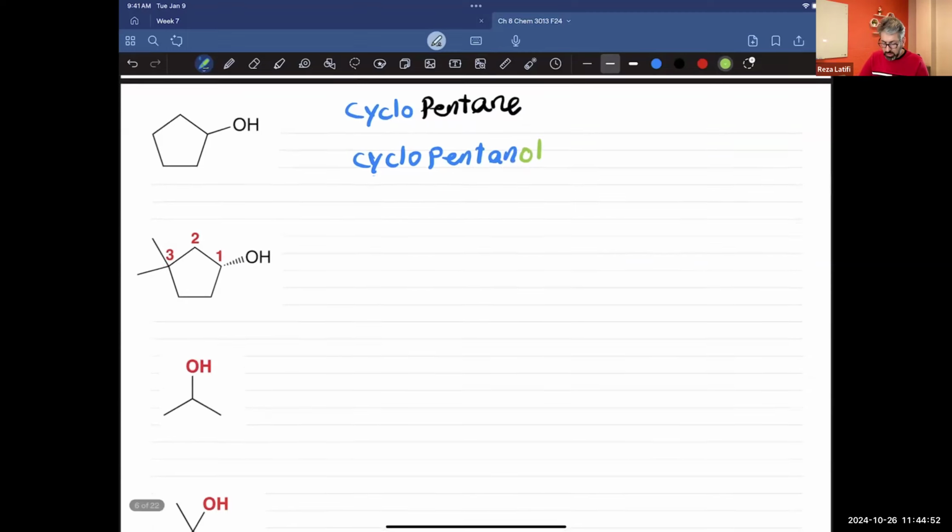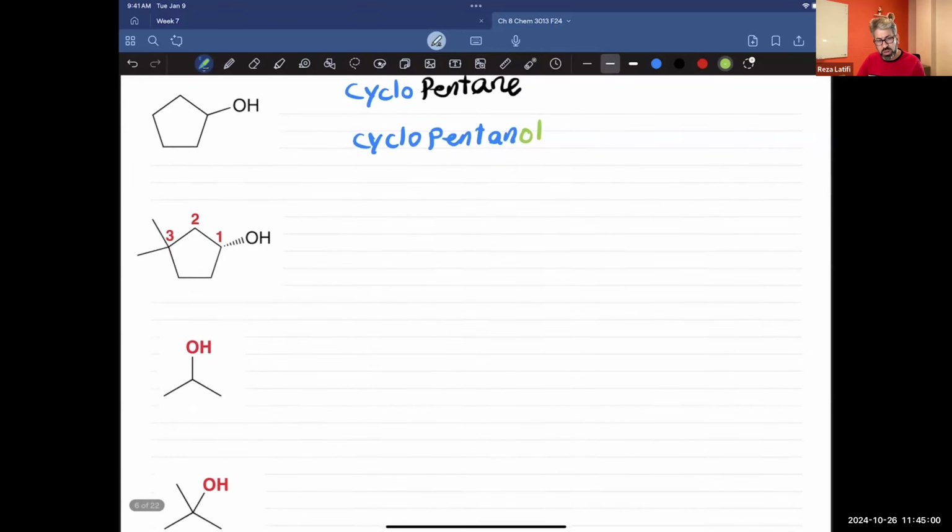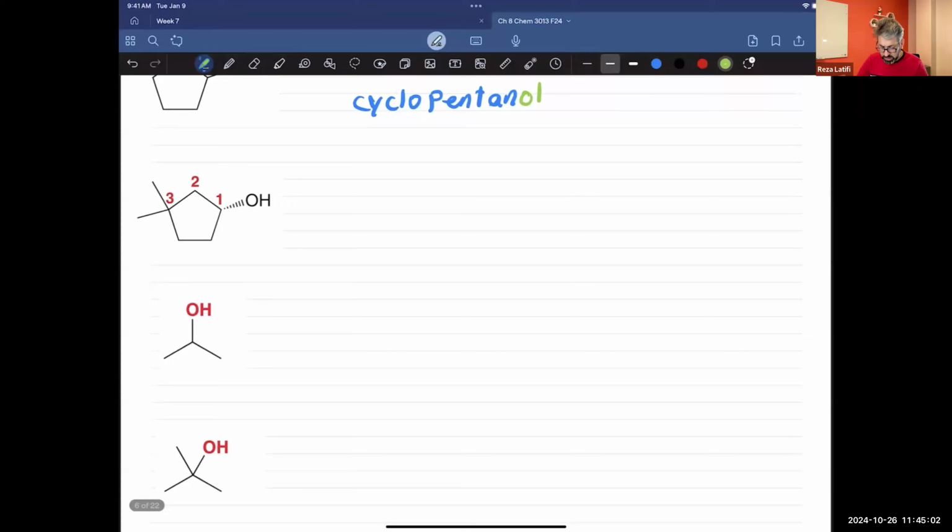Now, if we have more than 1 functional group on the ring, again, you start the labeling from the carbon that has the OH. So in this case, the carbon with the OH will be number 1, and then 2, 3.